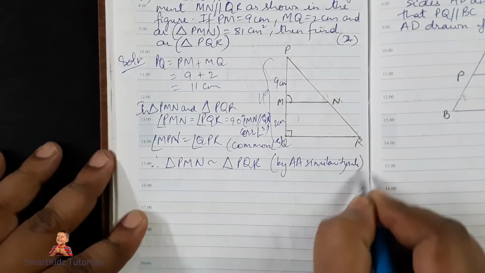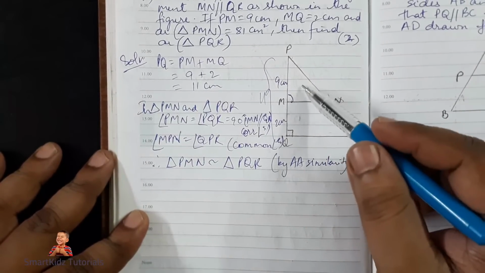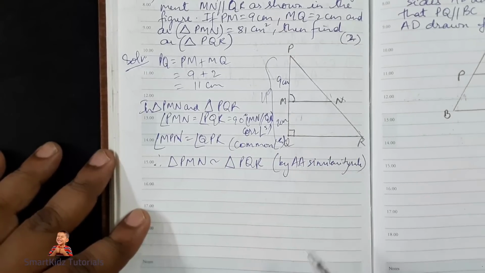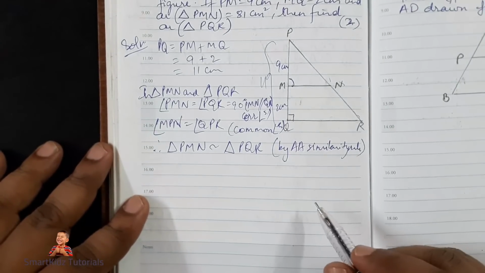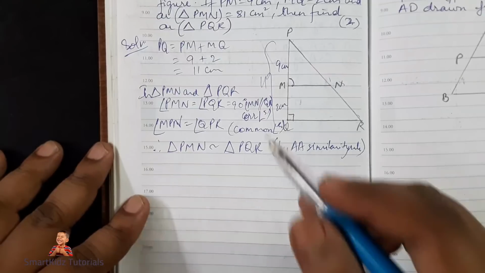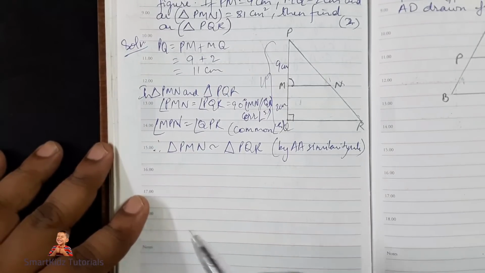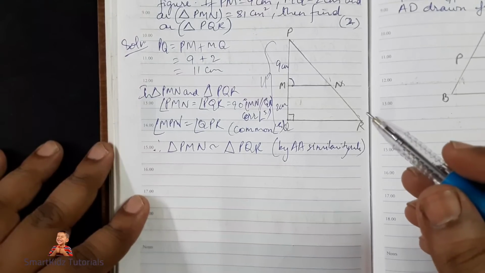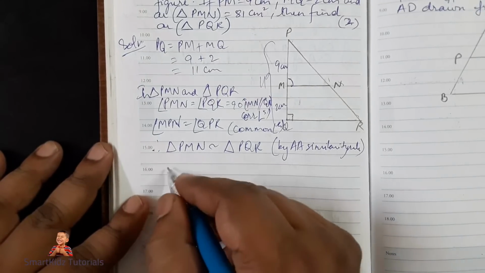Now that we have proven that this small triangle is similar to this big triangle, we can use that ratio of area of those two triangles equal to the ratio of their side squares this way.